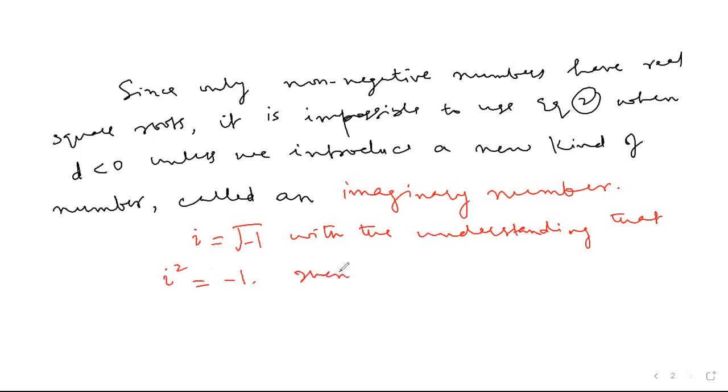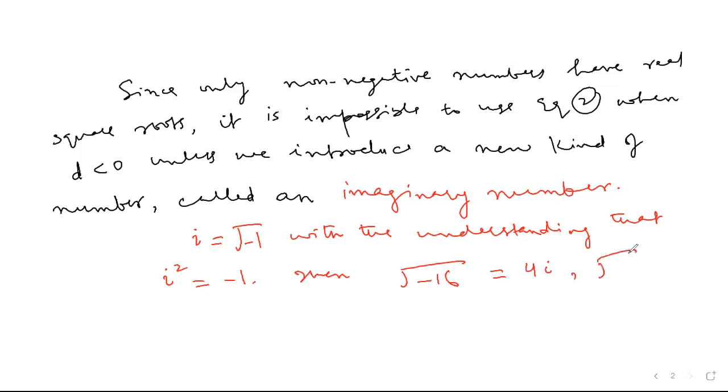Then square root of -16 can be written as 4 iota. The square root of -1 is iota and square root of 16 is 4. So it is 4 iota.